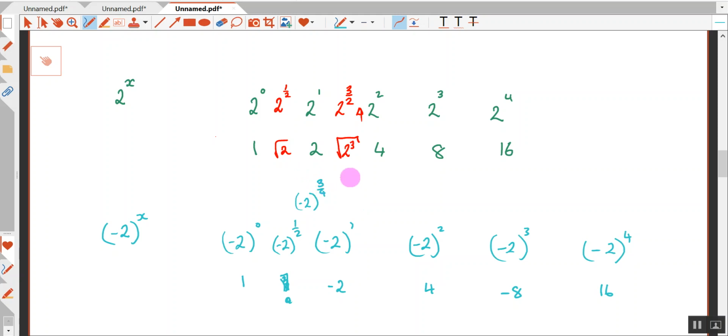What would that be? So that would be the 4th root of negative 2 to the power of... So that doesn't work either. All right?